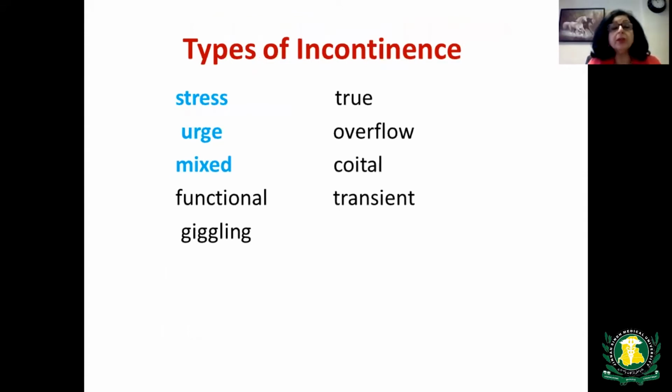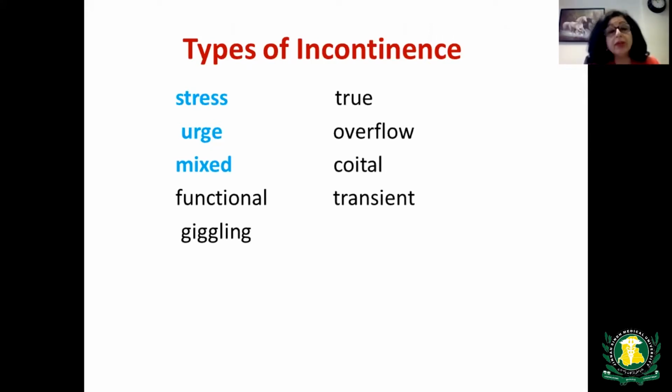So what are the types of incontinence? The commonest types that we come across whenever someone presents with urinary incontinence are stress urinary incontinence, urge urinary incontinence, or a mixture of stress and urge. And then there are other types of incontinence, which could be functional, or sometimes when girls or women giggle, they leak.